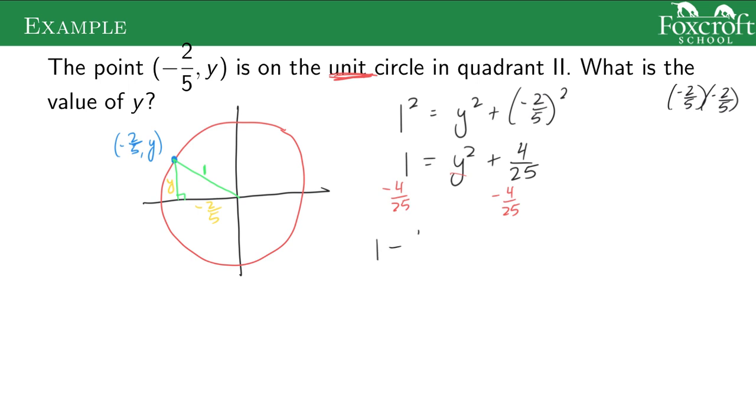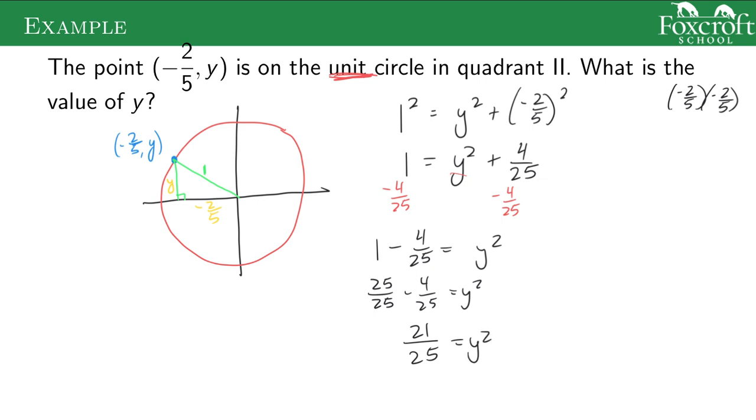I get 1 minus 4/25 equals y squared. Before I do anything else, I want to simplify this left-hand side. 1 is the same as 25 over 25, minus 4/25, and 25 minus 4 is 21. So I get 21/25 equals y squared.